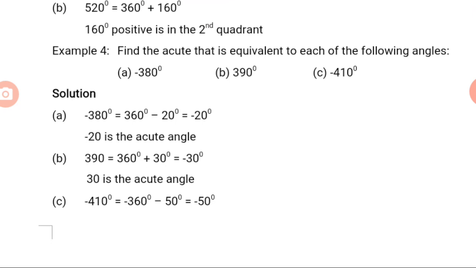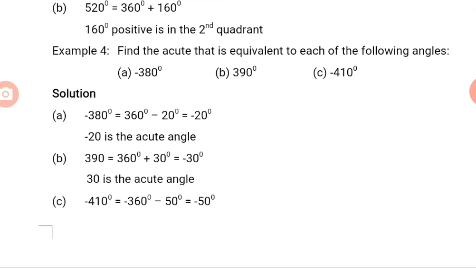Now another one is plus 390 degrees. What are you going to add to 360 degrees that will give you 390 degrees? That is the positive. Is that clear? It's 30 degrees, not minus 30 degrees. So 30 degrees is the acute angle. Therefore, the last one is minus 410.